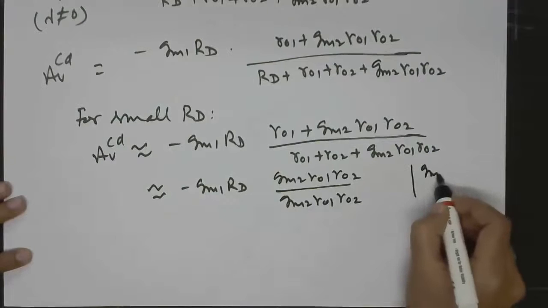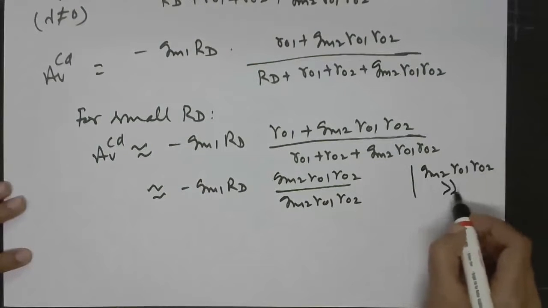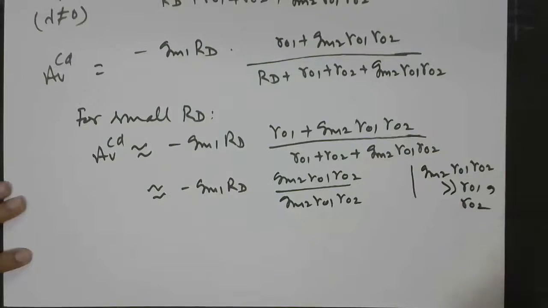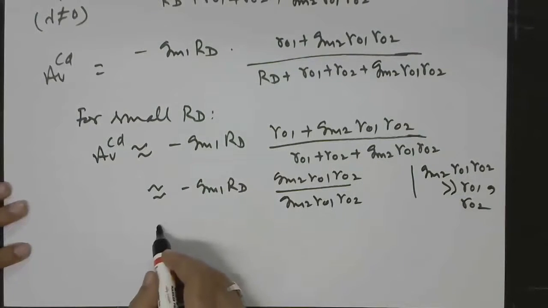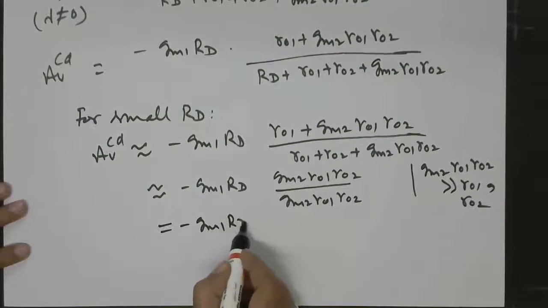This is very often true, much greater than ro1 or ro2. So this turns out to be minus gm1 RD.